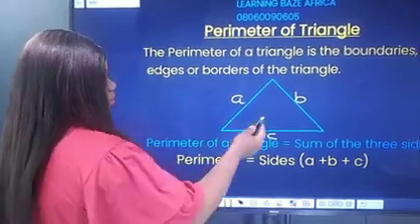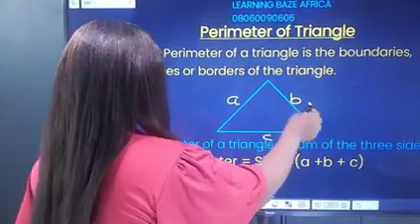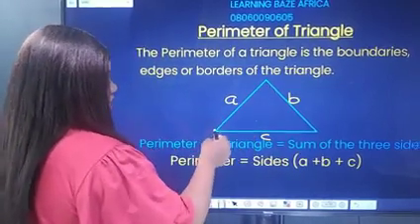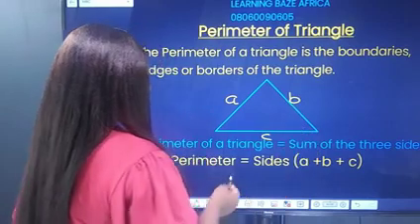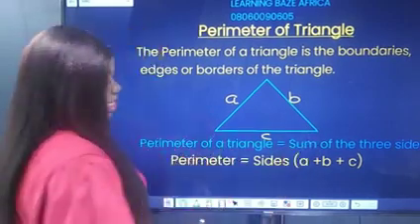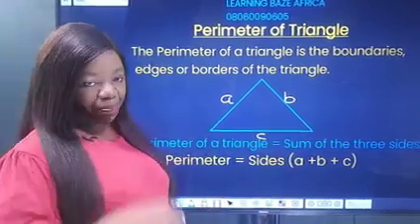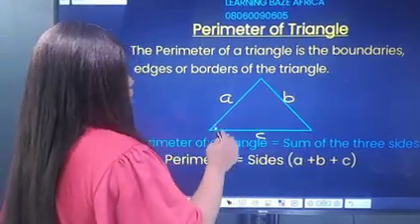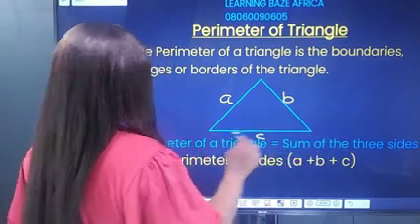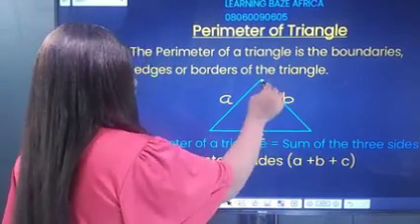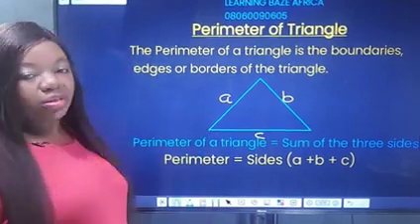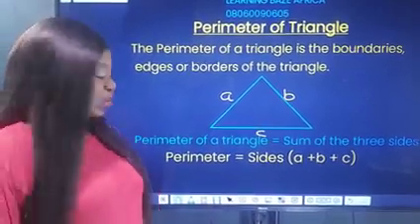Now, if you look at my triangle here, I have side A, side B, and side C. The lengths of side A, side B, and side C are all called the perimeter. So the borders round the triangle, or the edges round the triangle, which are also called the boundaries round the triangle, are called the perimeter of a triangle.